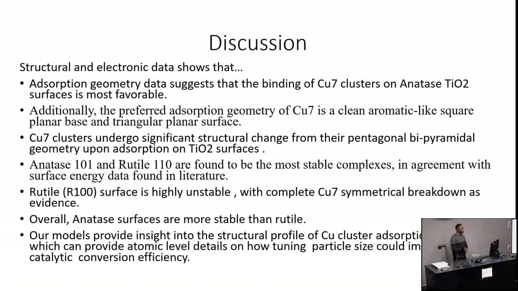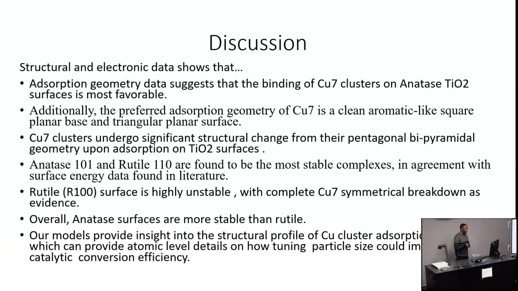So from that data, we were able to show that the absorption geometry of copper 7 on anatase is most favorable. Additionally, the preferred absorption geometry for copper 7 is a clean aromatic-like square planar base and triangular planar surface. Also, copper 7 clusters undergo significant structural changes when they are absorbed on the titanium surfaces, as I showed with the rutile 100.